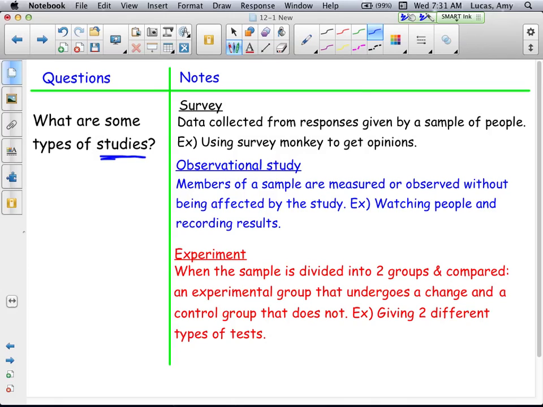Experiments are used a lot with medicine, because that's kind of how researchers figure out if a medicine is effective. They'll study 2 groups of people, one that is using the medication and the other group that is not. And then they'll analyze if that medication is helping. So the key with the experiment is that there's 2 different groups. One is undergoing a change and one is not undergoing that change. So everything just stays the same for them so they can see what's happening.